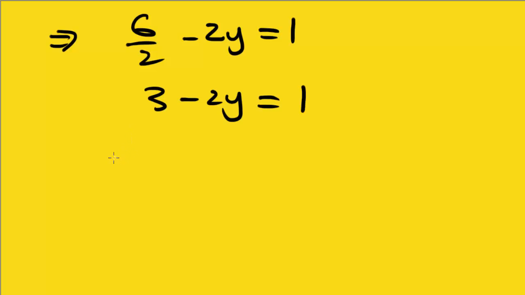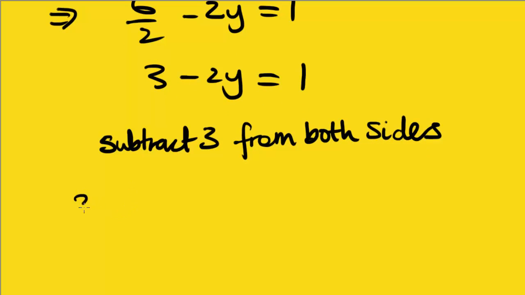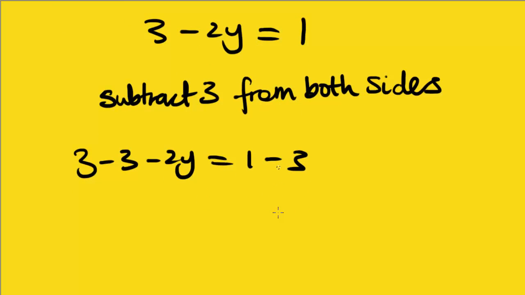So let's subtract 3 from both sides, which gives 3 minus 2y equals 1 minus 3. 3 minus 3 is 0, so this goes away. So we have minus 2y equals 1 minus 3, which is minus 2.